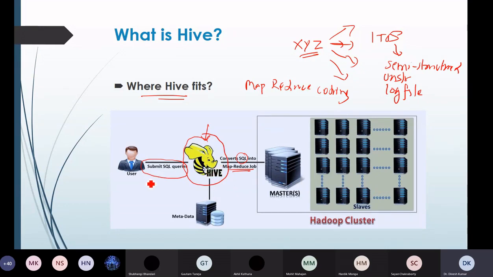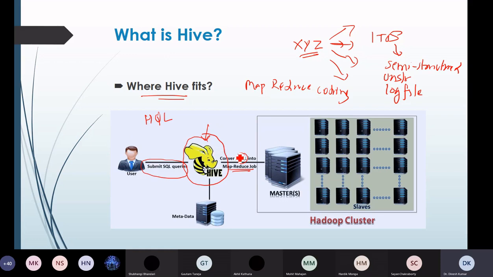So as a user, you are only submitting the queries in the form of SQL statements, because the structure of HQL, which is the query language used for writing queries, is very similar to SQL, or it is basically SQL. So the user only submits those queries to this component.